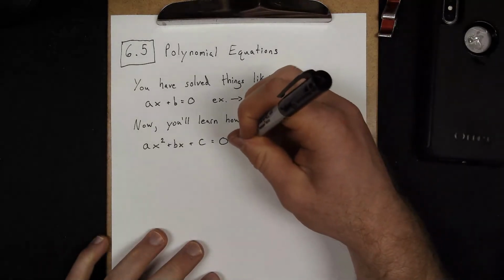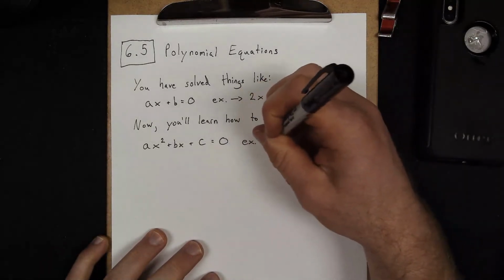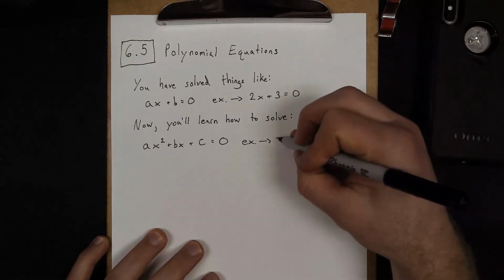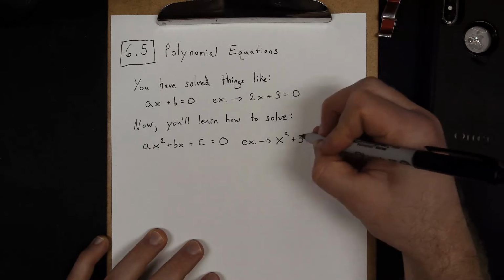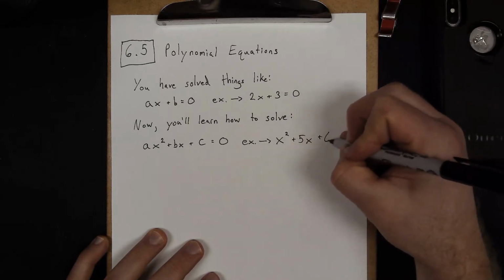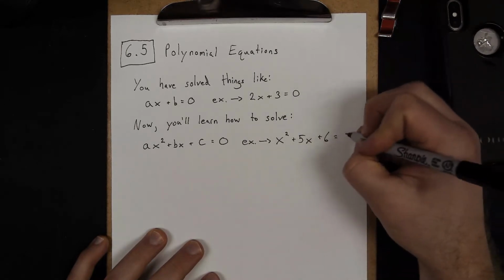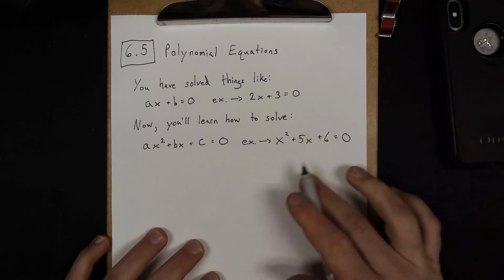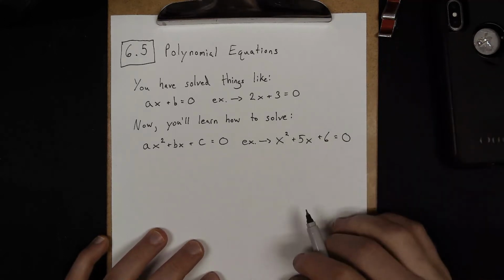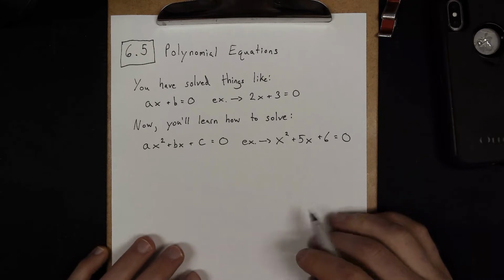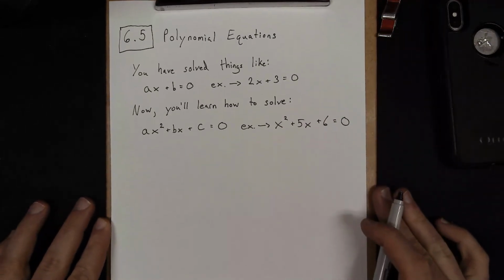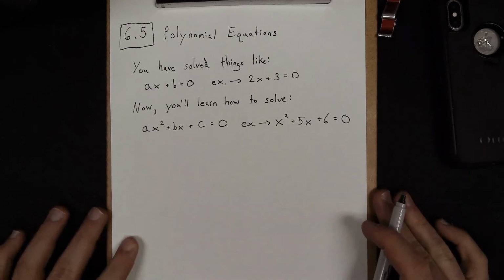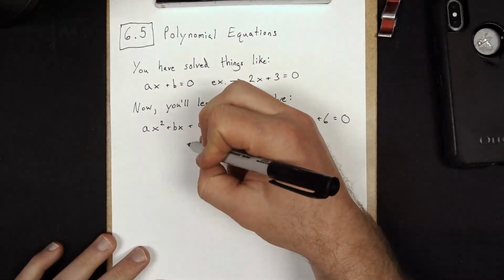An example of this is something like x squared plus 5x plus 6, and we're finding when this is equal to 0. A couple of important things before we move on. Let's define a couple things.